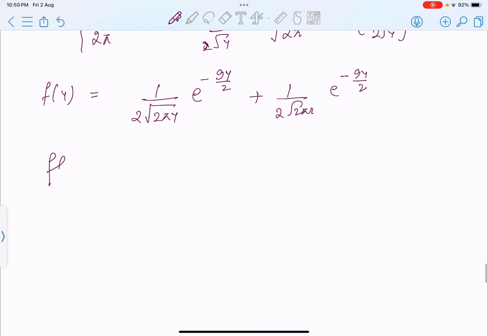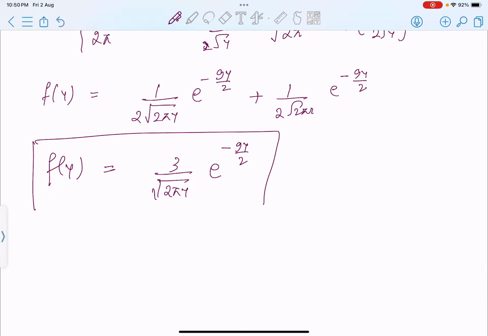If we add these, f of y will be 3 upon root 2 pi y e to the power minus 9y by 2. This is your transformed random variable.